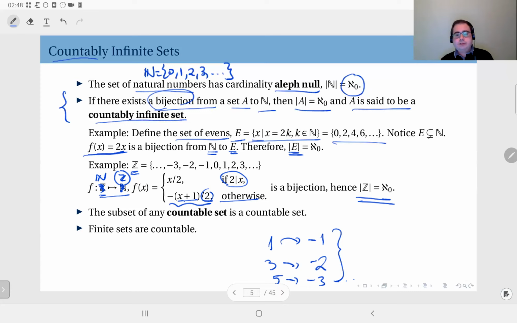So it looks like it's a bigger set than the set of naturals, but it really is not in terms of cardinality. The set of even numbers, the set of natural numbers, or the set of integers, or you can also separate them, the set of positive integers, the set of negative integers. They all have the same cardinality, and they are all countably infinite sets.